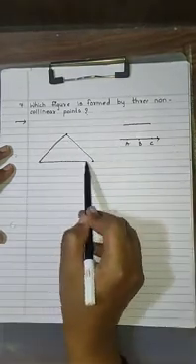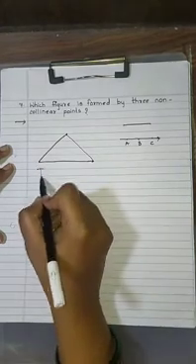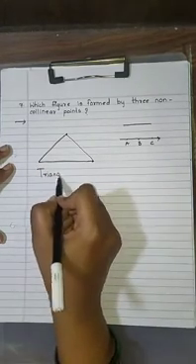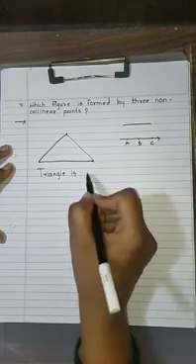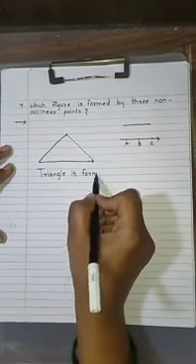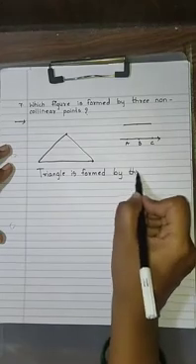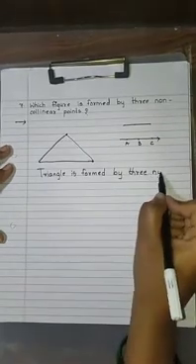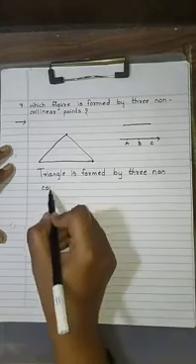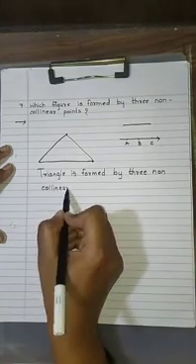So a triangle is formed. Triangle is formed by 3 non-collinear points.